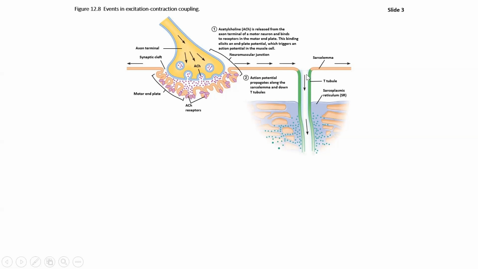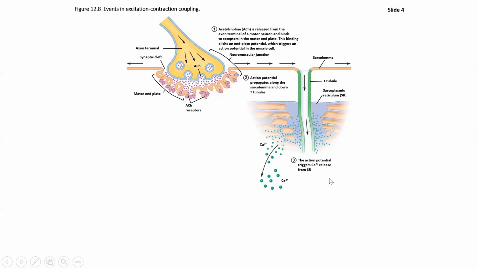It's going to travel along the T-tubules, which are these invaginations that we talked about. Remember, we described the triad as being the T-tubule in the center, and then the lateral sacs, which are formed by the sarcoplasmic reticulum. And so the T-tubules are these invaginations or tunnels that help to spread the action potential throughout the muscle very quickly.